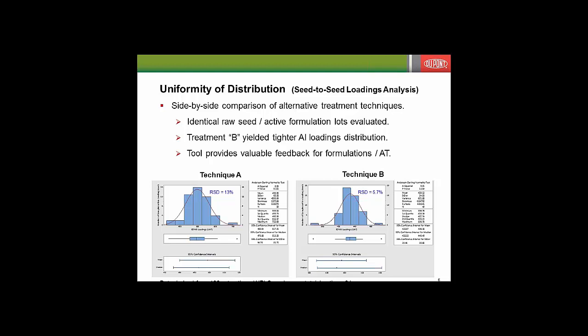And in this particular case, the technique associated with treatment B was one that yielded far tighter active ingredient loadings, and you can see an RSD of around 5.7% versus 13% in Technique A. So this provides very valuable feedback for formulations and applications technology, and the main point is, in addition to maybe just running a whole batch analysis where you see, on average, if your treatment is near or at target rate, this is a way of really understanding the consistency in a batch, and there are some attributes of the treatment process itself that can really have a major impact upon this.